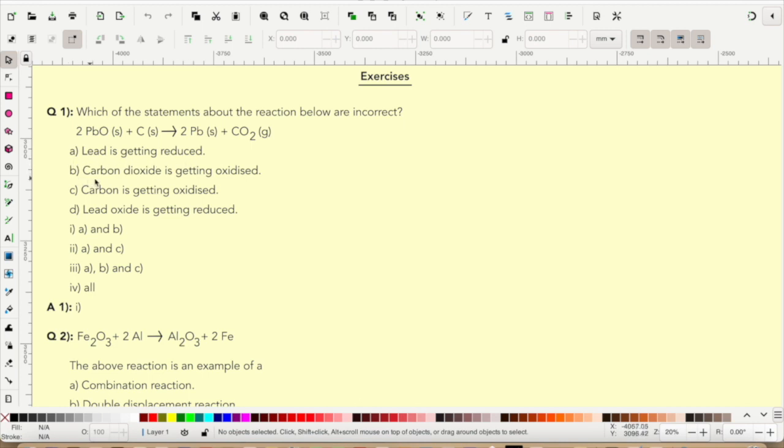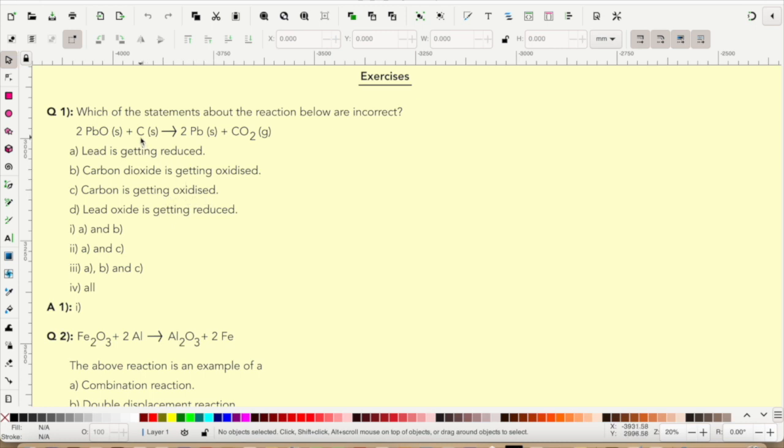Statement B, carbon dioxide is getting oxidized. In this reaction, C is changing to CO2, means it is gaining oxygen or it is oxidized. So carbon is oxidized, it's not carbon dioxide that is oxidized. So statement B is also incorrect, means statements A and B are incorrect. Let us see statement C, carbon is getting oxidized.